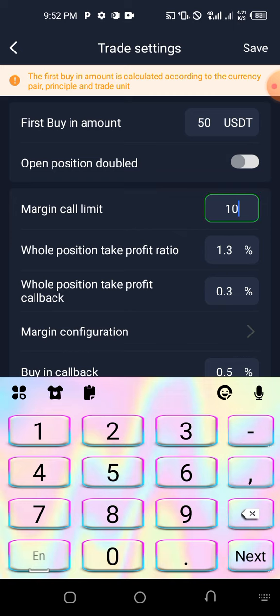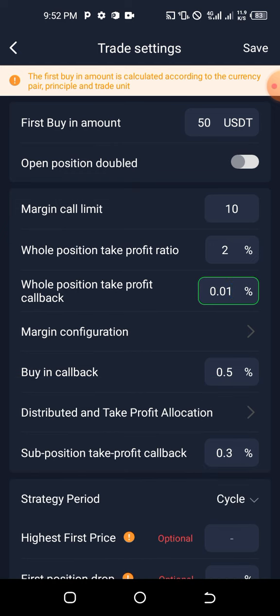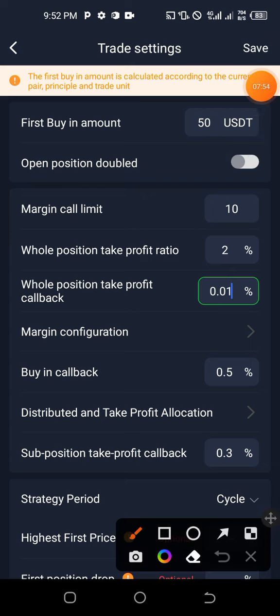10. Okay. The percentage as usual is 2%. Then this one, position profit callback, I can make it 0.01. Then margin callback, let's first leave it here on margin calls and I show you.